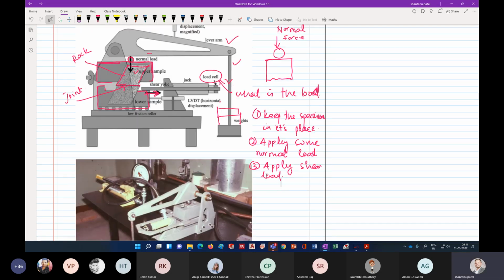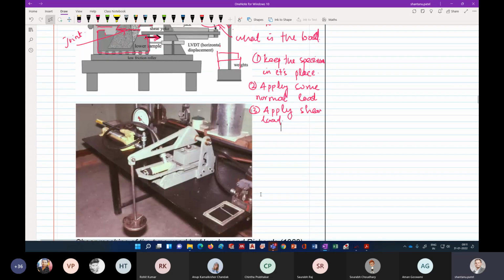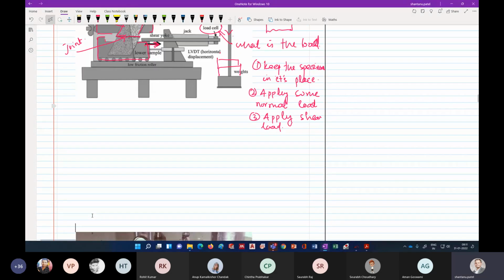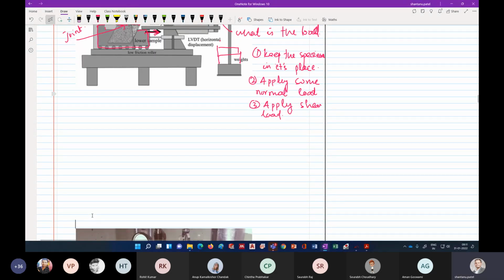So this normal load calculation is very similar to our previous one. Let's say this is the geometry, this is a joint surface, and F is the load.